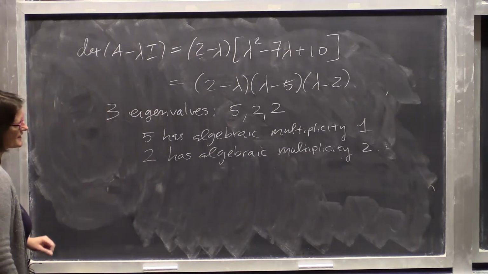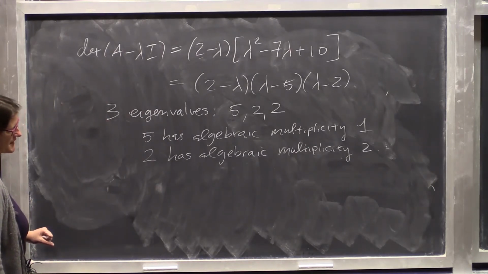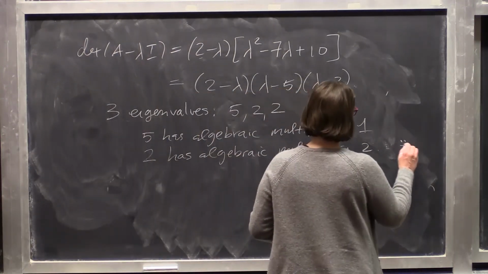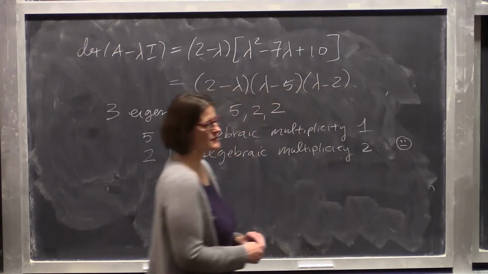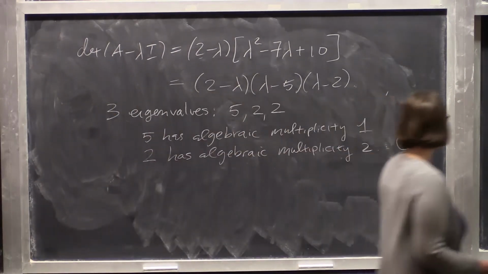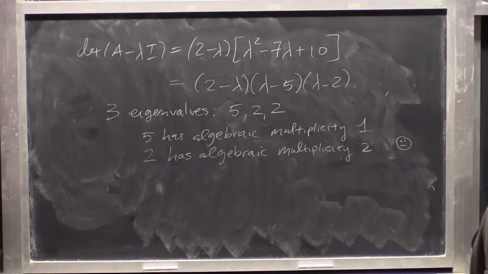Whenever you get an eigenvalue with algebraic multiplicity more than 1, you need to be careful and nervous, because you might not get enough eigenvectors. Something interesting might happen at the level of eigenvectors. Anyway, we're now trying to find the eigenvectors.